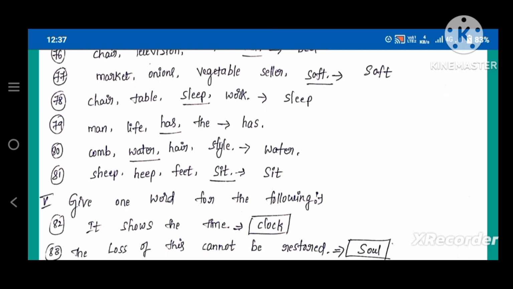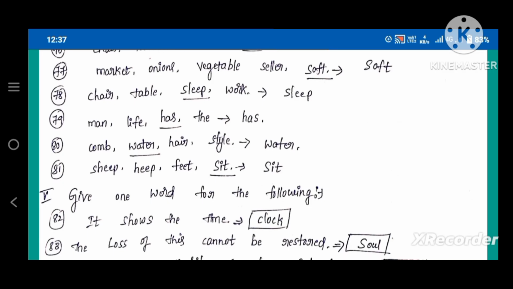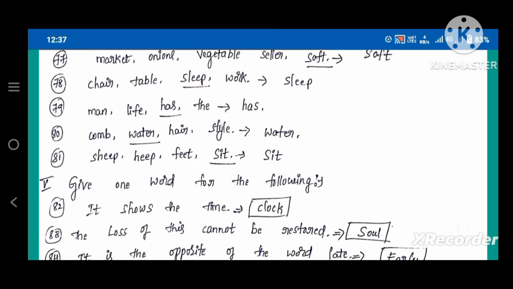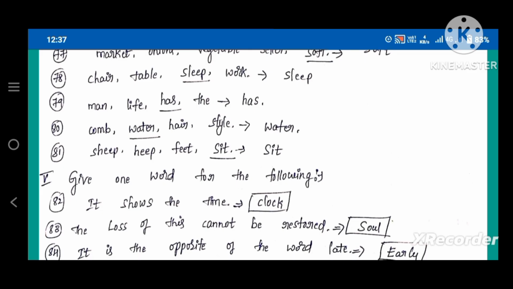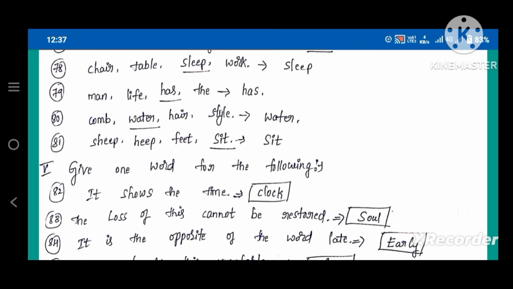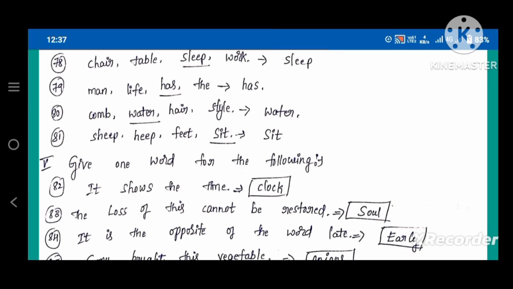Give one word for the following. It shows the time: clock. The loss of this cannot be restored: soul. It is the opposite of the word late: early.